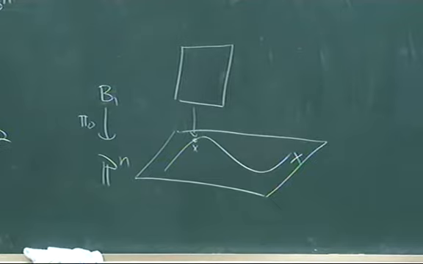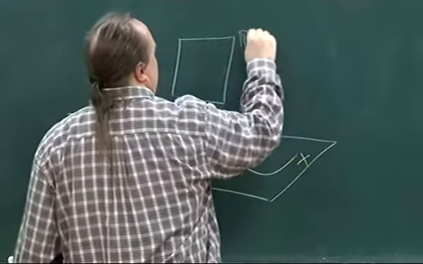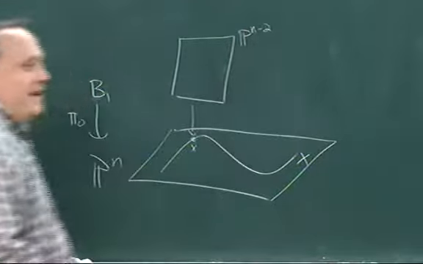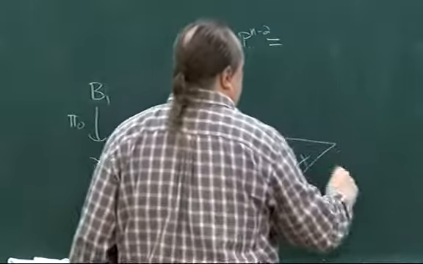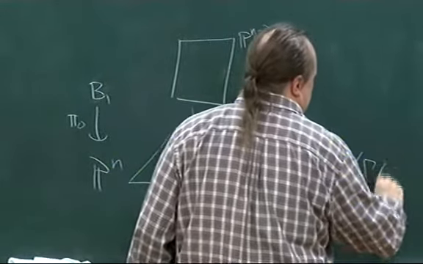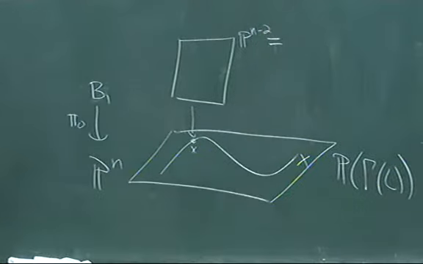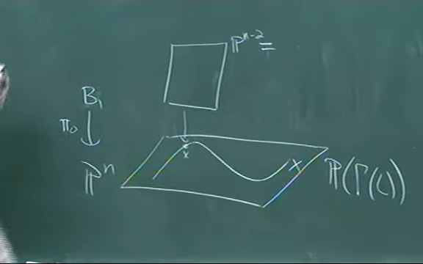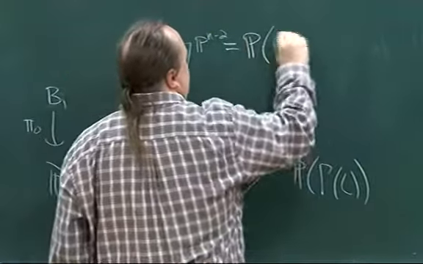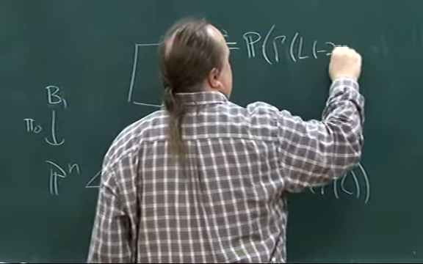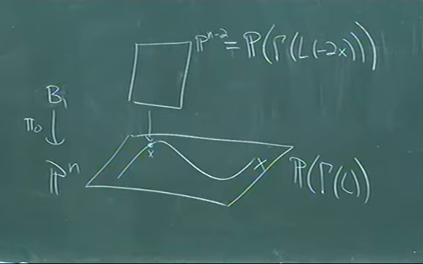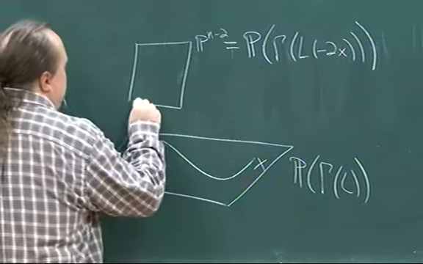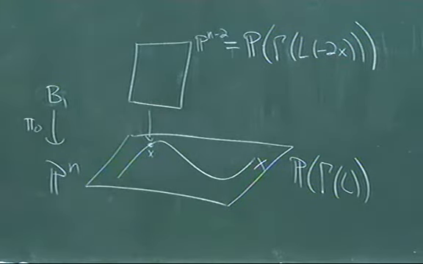It's not just any projective space. This is a P n minus 2, but not just any Pn minus 2. If this is P of gamma of L, this is P gamma L minus 2x. Furthermore, what happens inside here?